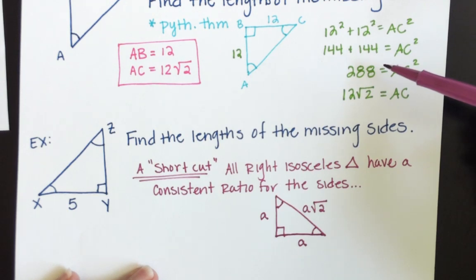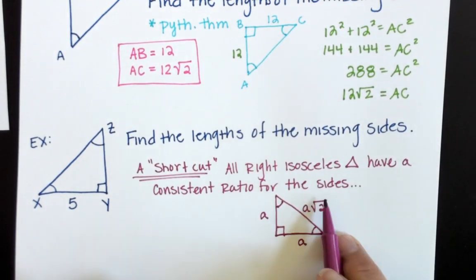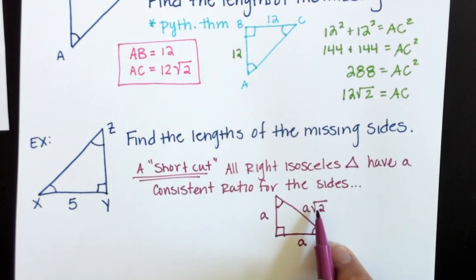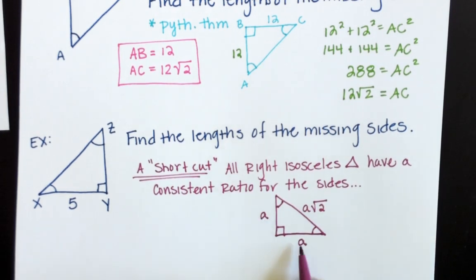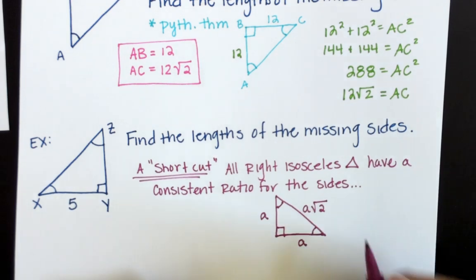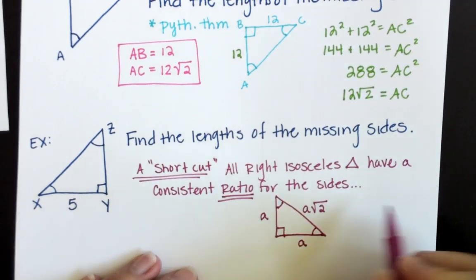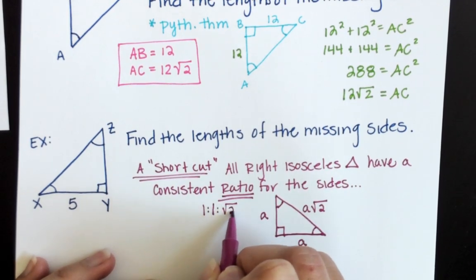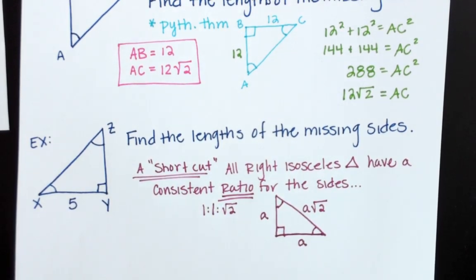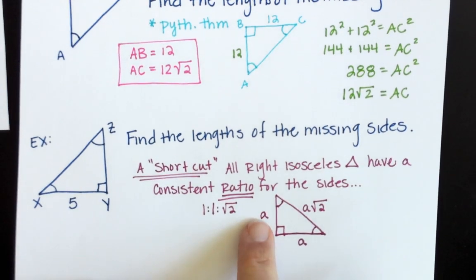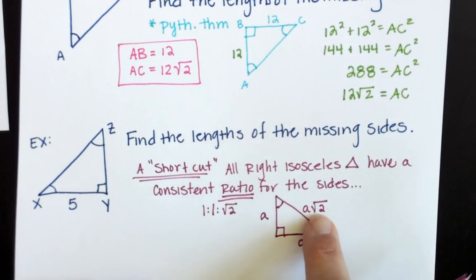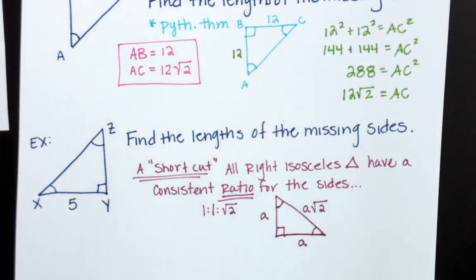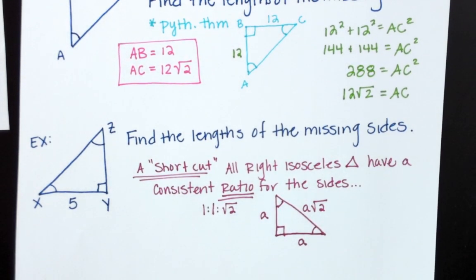So when we talk about shortcuts, if you see this ratio, 1a, 1a, a times radical 2, that ratio is considered a 1 to 1 to radical 2 ratio. 1 times a, 1 times a, radical 2 times a. So I don't actually have to do any work here if I already see this pattern.